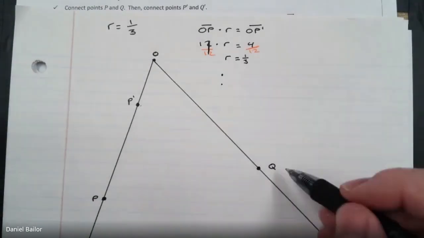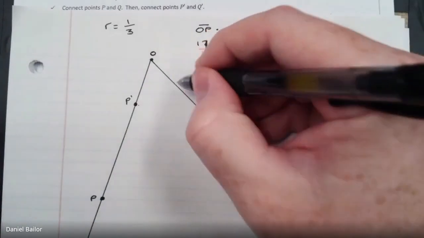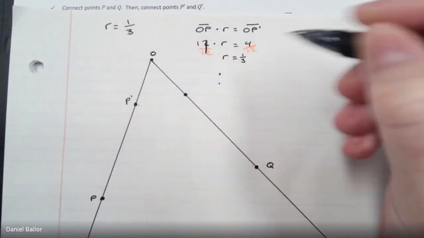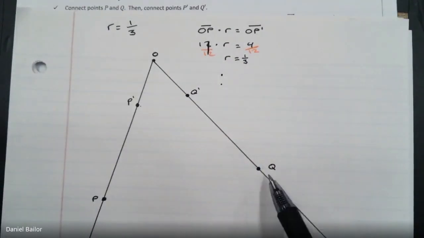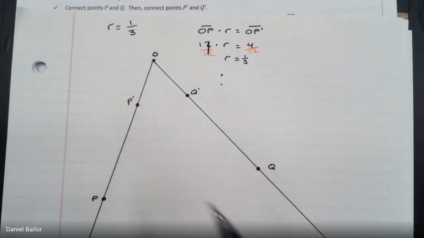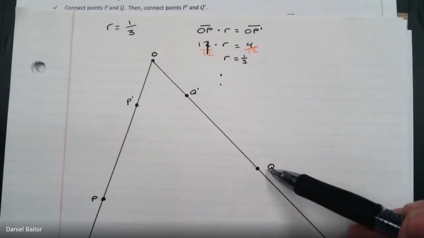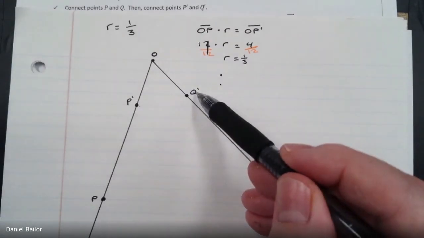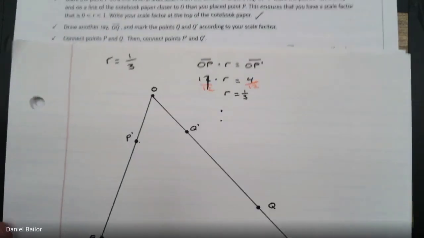So OQ is 9. When I multiply by my scale factor, Q prime is going to be 3 lines down, because 9 times 1/3 makes 3. So P is 12, P prime is 4, and that is multiplied by 1/3. Q is 9, Q prime is 3, because that is multiplied by 1/3. So I'm using my scale factor. I followed my scale factor. So check.